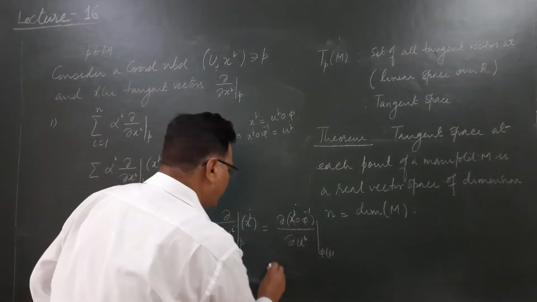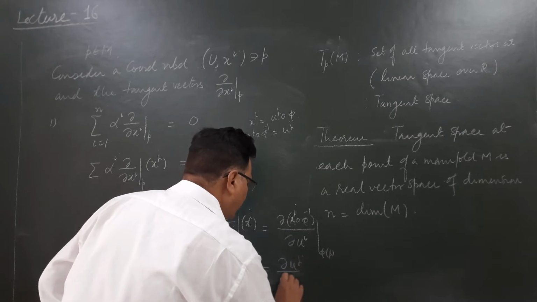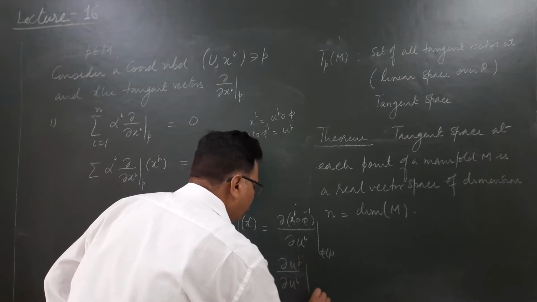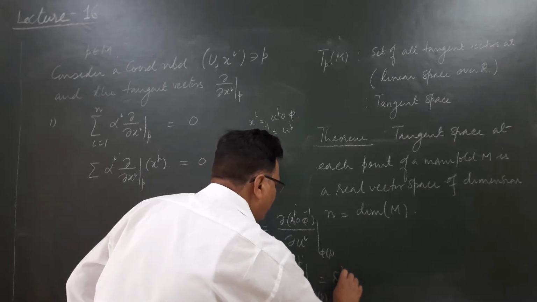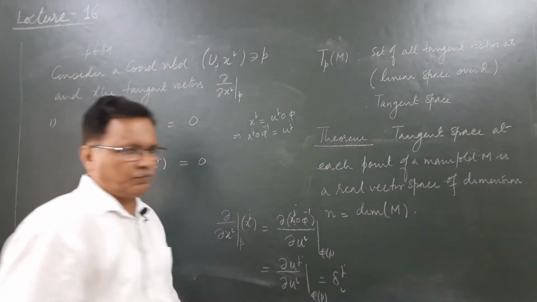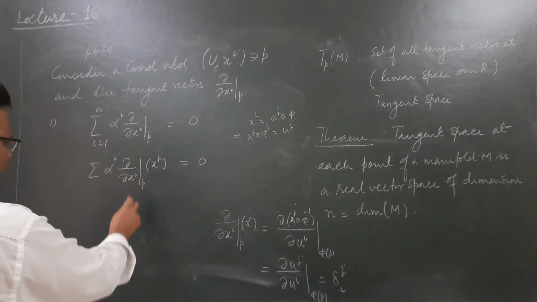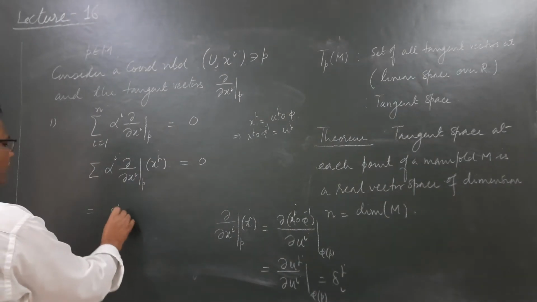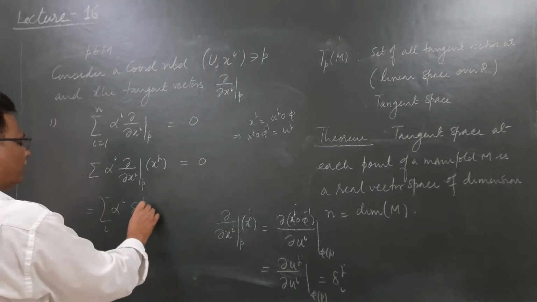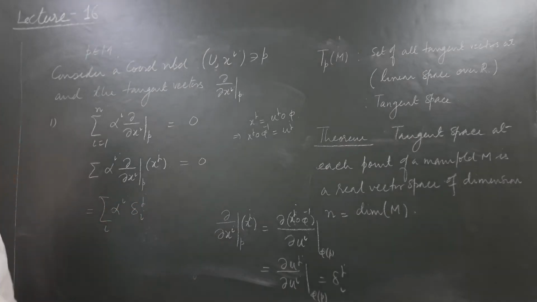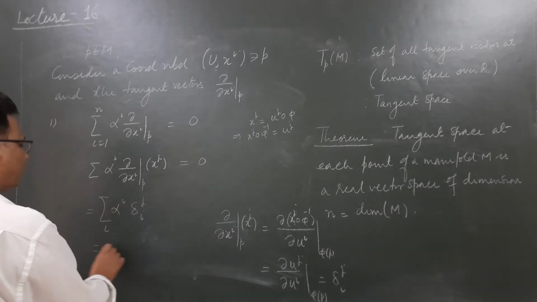So you will be getting ∂u_j/∂u_i at the point φ(P), and the value of this will be the Kronecker delta δ_ij. So this quantity will be α_i summation over i, and this will be the Kronecker delta. So when you take the summation you will be getting α_j.